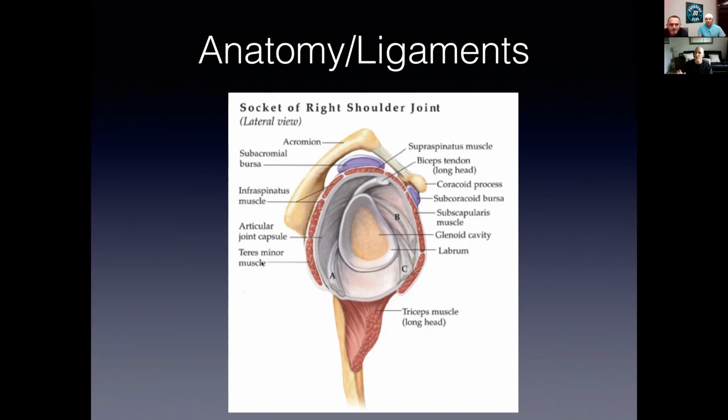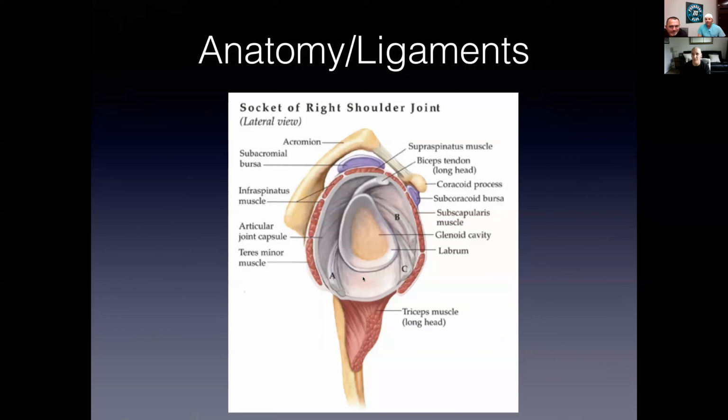The shoulder is also in a capsule. What I like to tell people, and you can see this, is the top two-thirds is covered by muscle. The bottom third here is like a hammock. You can see this thing called A and C, and it's just like a hammock where there are two cords and a hammock in the middle.